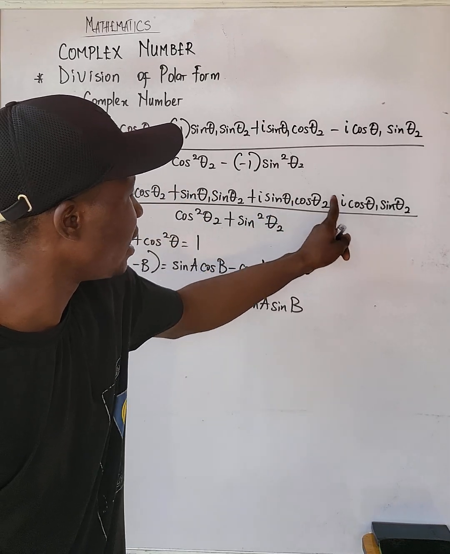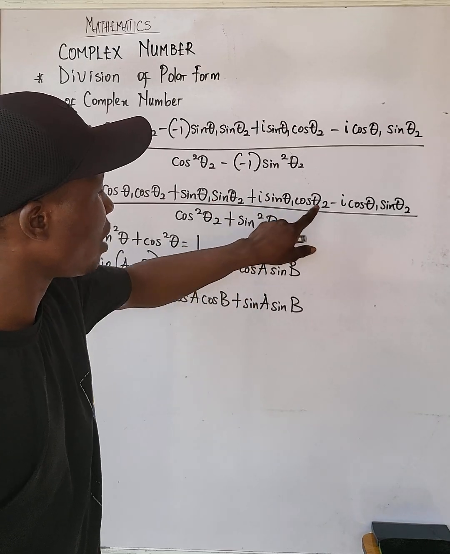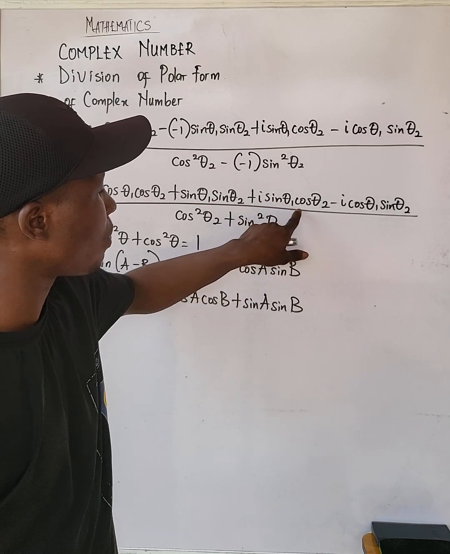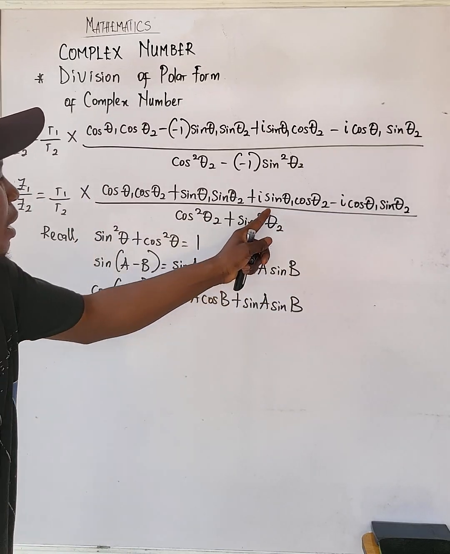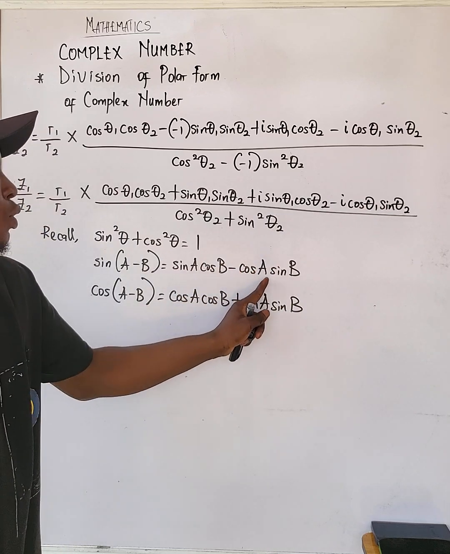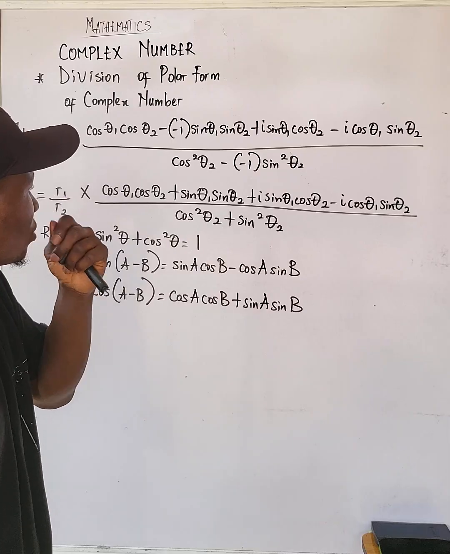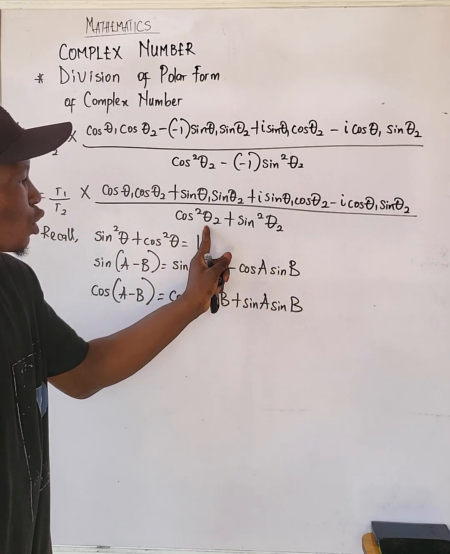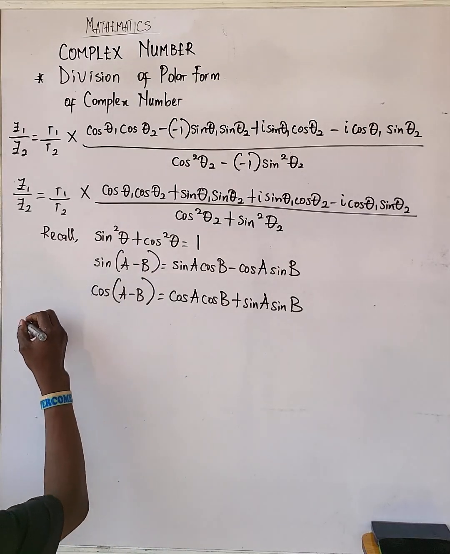Then this part, we've not factorized i out, so we can factorize i out. When you factorize i out, you have sin theta 1 cos theta 2 minus cos theta 1 sin theta 2. So when you have sin A cos B minus cos A sin B, that is sin A minus B. Do you understand? And when you have cos square theta 2 plus sin square theta 2, that's 1. So let's write it first before we insert.